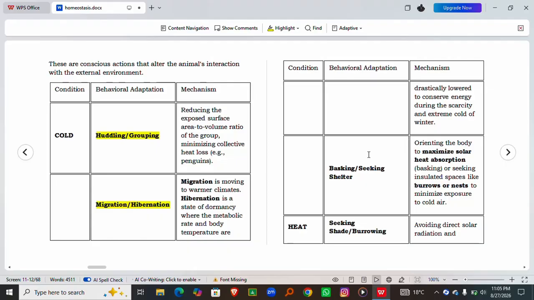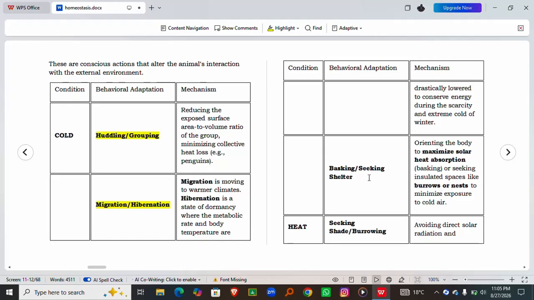Then there is also basking or seeking shelter. Some organisms try to hide. They orient the body to maximize solar heat absorption. For example, basking, seeking insulated spaces, burrows, and to minimize exposure to the cold air.